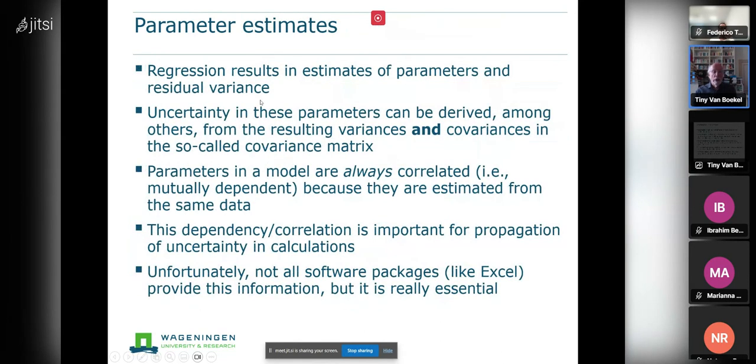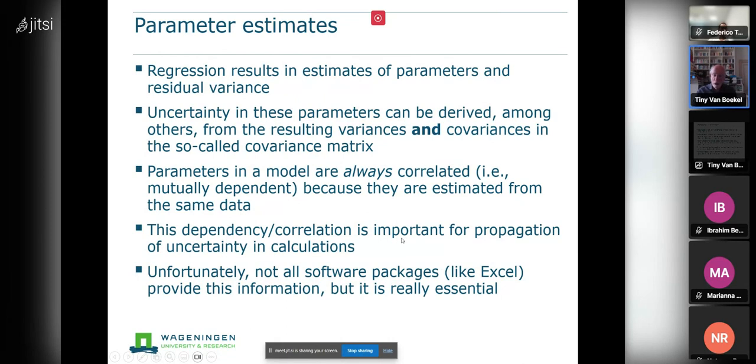So regression leads to parameter estimates and residual variance. That should always be reported. But also, and this is frequently neglected, variances and covariances, because they tell you about the behavior of your parameters. And parameters are always correlated. This correlation is particularly important if you're going to do calculations with your parameters.